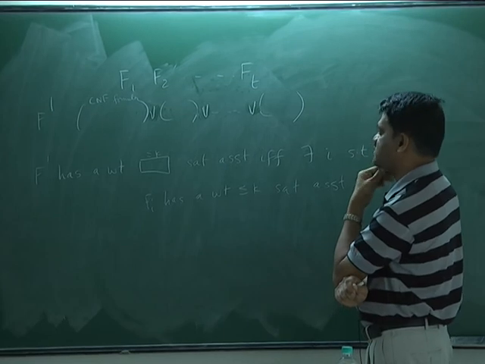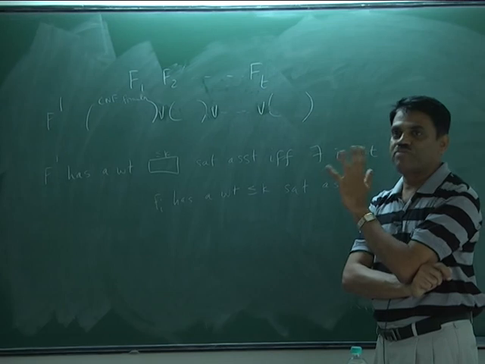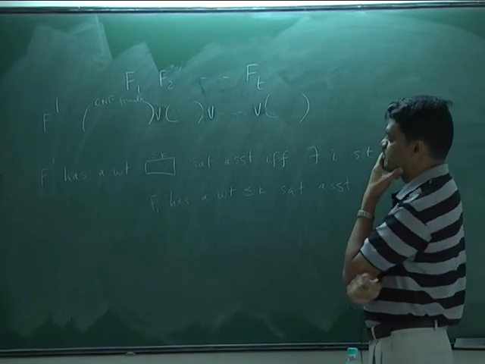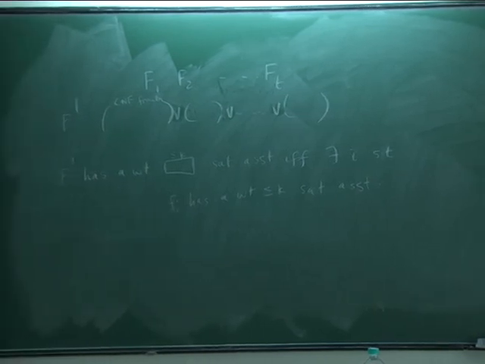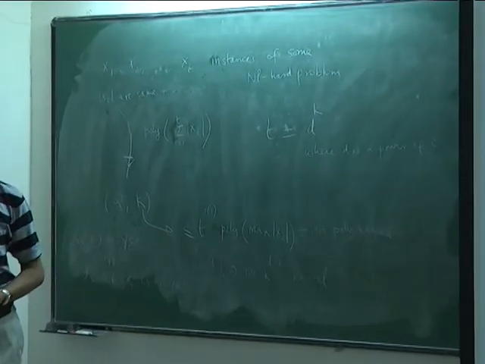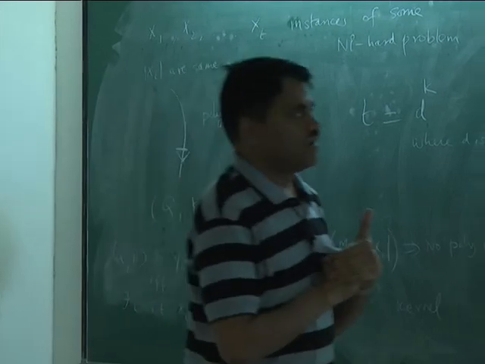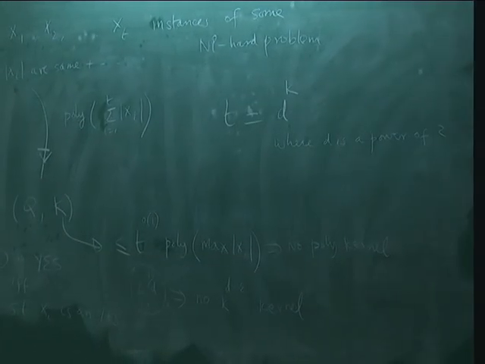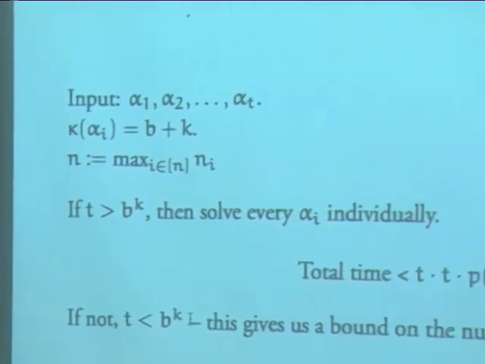So maybe the problem is that I have to make it into a CNF without blowing up my parameters. Because it's important. The goal I want is that my parameter k is a polynomial in my input, which is at most n. So my parameter is b plus k, the maximum size of each clause and k.